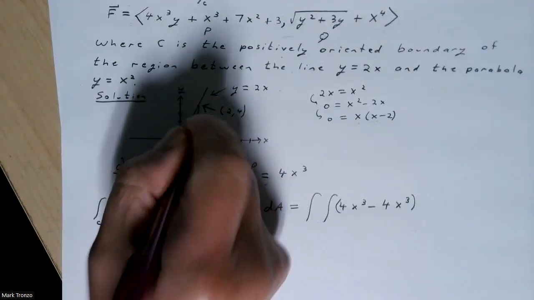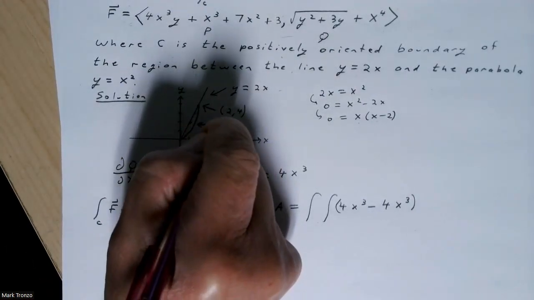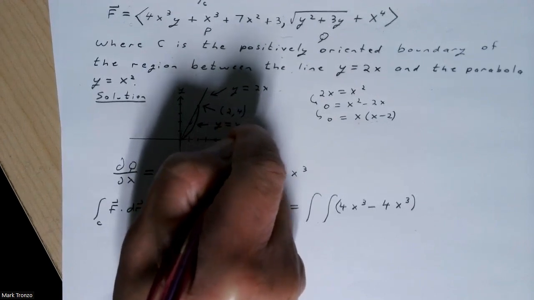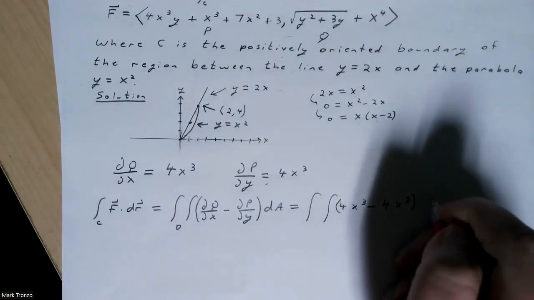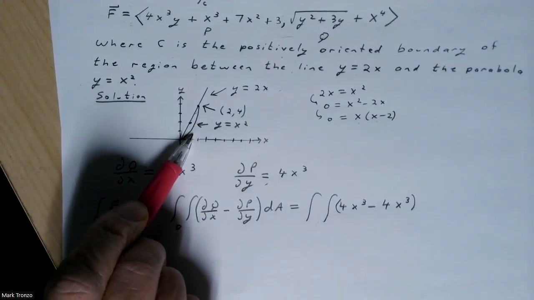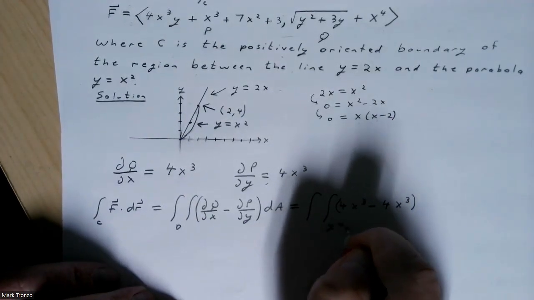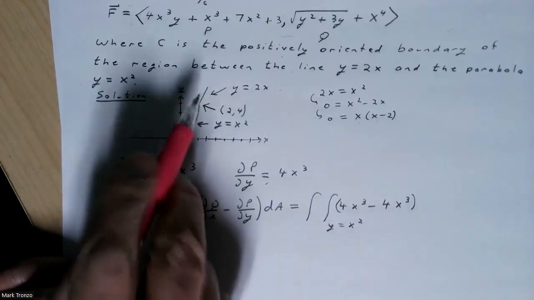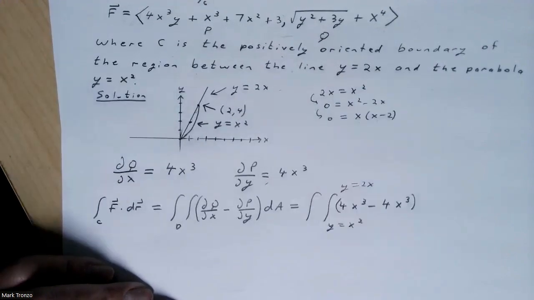And now let's put our bounds here. So let's say we're integrating over this region, and this was our parabola. If we were to start with the y direction, we would integrate. If we put arrows in the positive y direction, they start at y equals x squared and they end at the line y equals 2x.